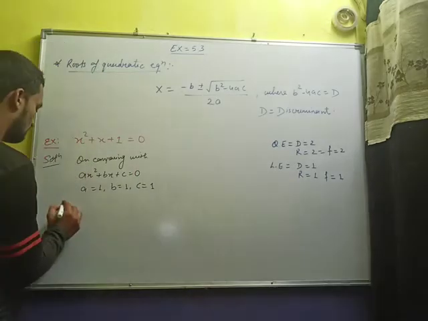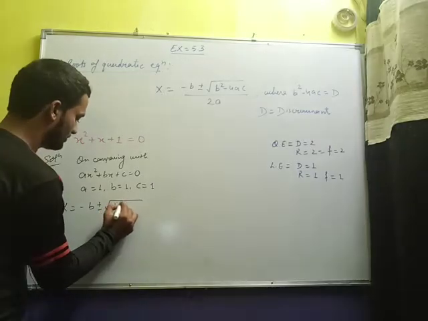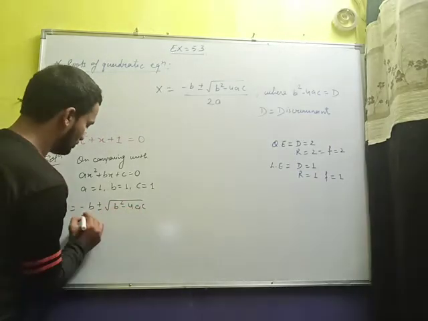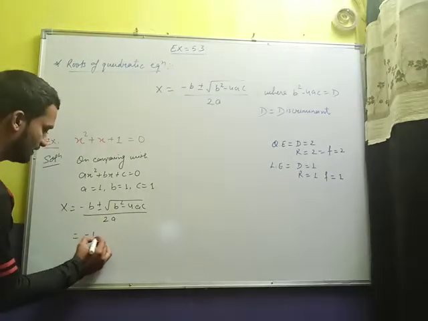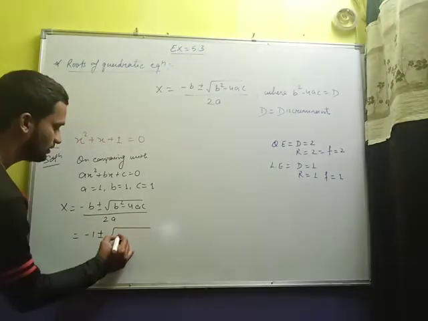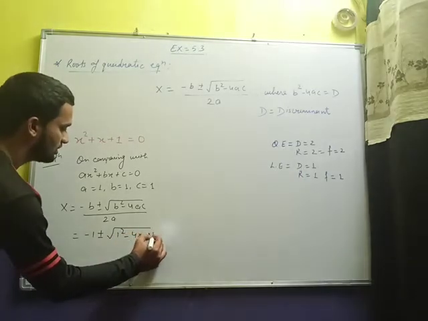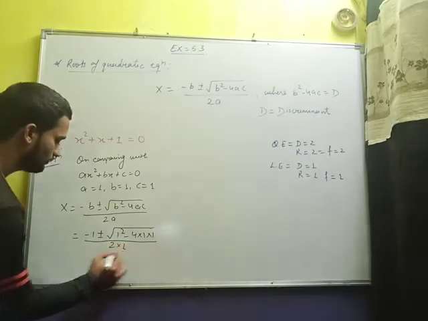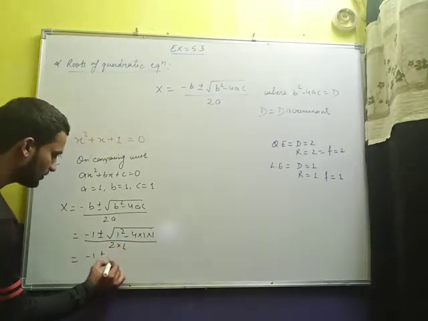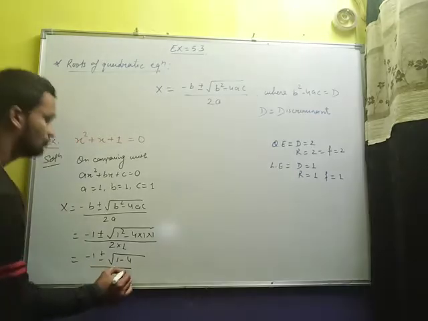So by using formula x equal to minus b plus minus root over b square minus 4ac upon 2a, this will be equal to minus 1 plus minus root over b square means 1 square minus 4 into a is also 1, c is also 1, upon 2 into 1, which is equal to minus 1 plus minus root over 1 minus 4 upon 2.